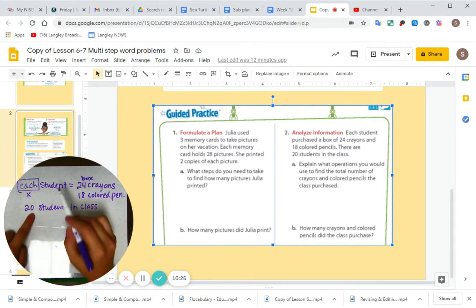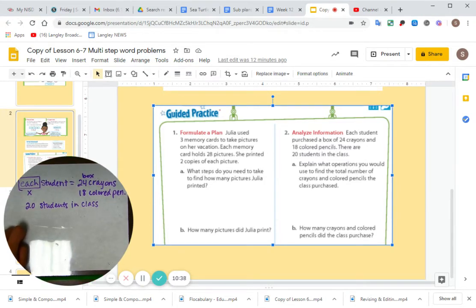We know that there's 20 students in the class, and each student bought a box of 24 crayons and a box of 18 colored pencils. So what would we need to do with that information? If you're thinking of multiplying, yes, that's what we need to do. What would we multiply?